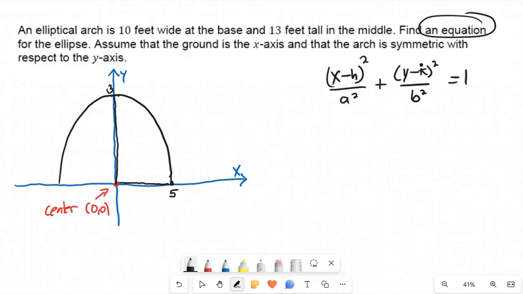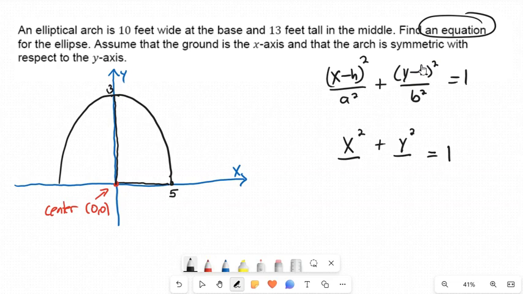Okay, with the center being 0, 0, that makes the numerator just x squared and y squared. That's nice. So we apply the h and k. We still have to figure out the divisions.